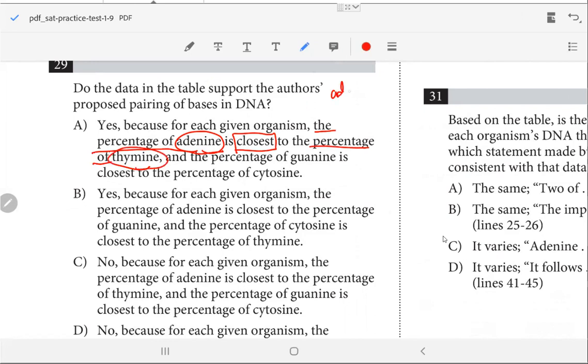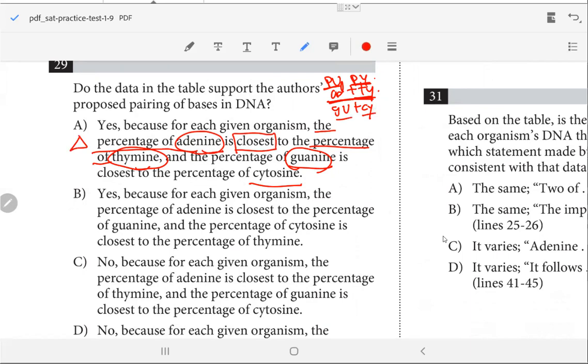So adenine and thymine have to pair together, purine and pyrimidine, right? And the percentage of guanine, which is a purine, is closest to the percentage of cytosine. So that's why they pair up as one purine, one pyrimidine. Yeah, this logically makes sense.